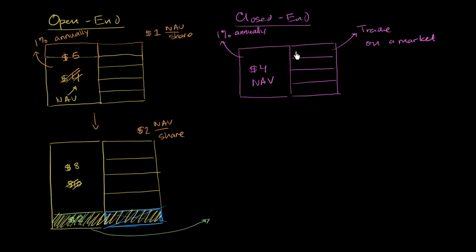Trade on a market. And the price per share on that market usually does diverge from the net asset value per share. In this scenario, the way I've constructed it, we have a $1 net asset value per share. But let's say people are feeling really, really good about this fund manager's ability to invest some money, so that the share that has a $1 net asset value might trade above $1.